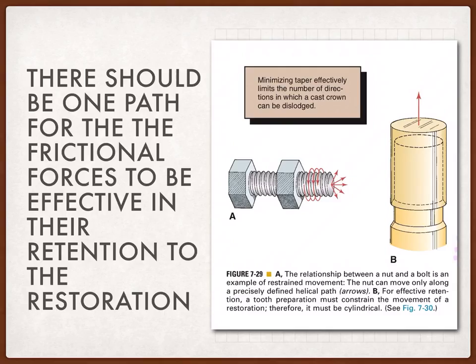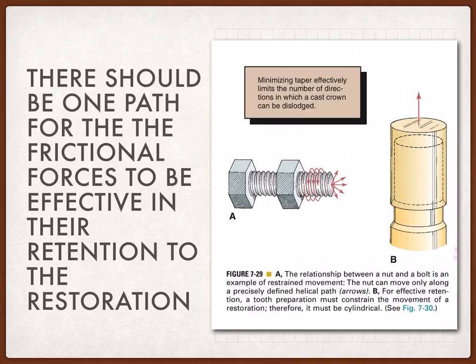But if the bolt has tapering, or it has a convergence or anything like that, let's imagine if the bolt from the small end has a convergence. Of course, the nut will be easily displaced from it.